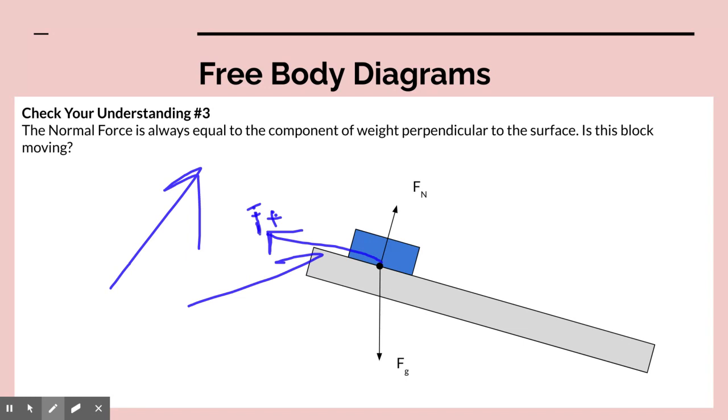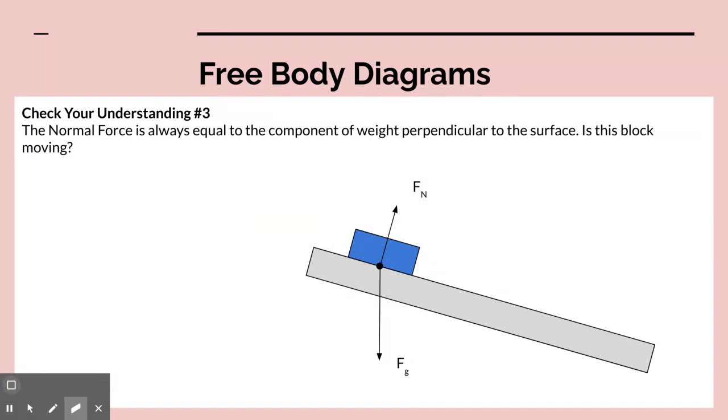Okay. If we saw the friction force labeled here, we'd say it's not moving, because that tells us that whatever movement the box is trying to make in this direction, it's being stopped by this guy. So sort of a trick question, but not really, in its own right.